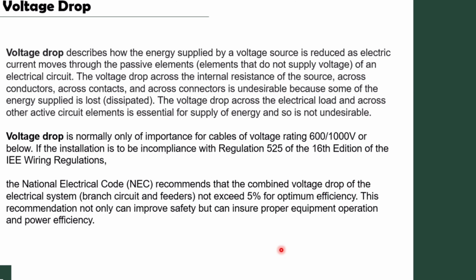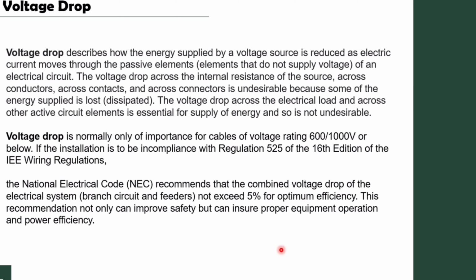And after that, we will move to the voltage drop, because it is so important in our calculation for the cable. What is the voltage drop? The volt drop or voltage drop describes how energy supplied by a voltage source is reduced as electrical current moves through a passive element of an electrical circuit.